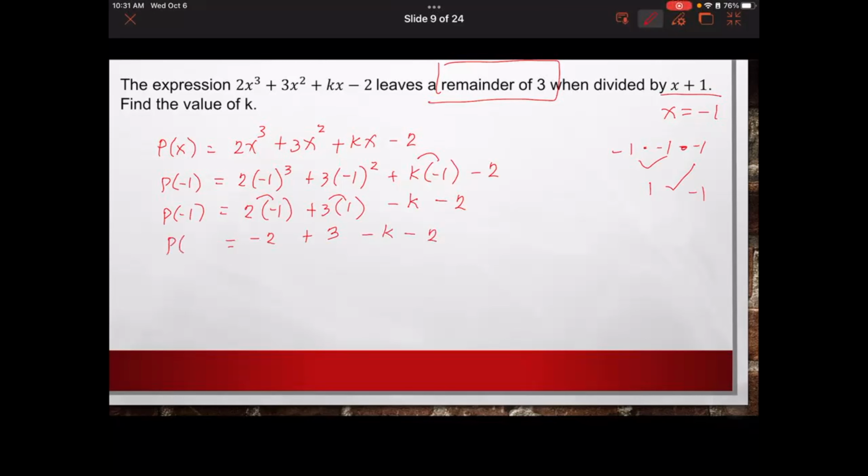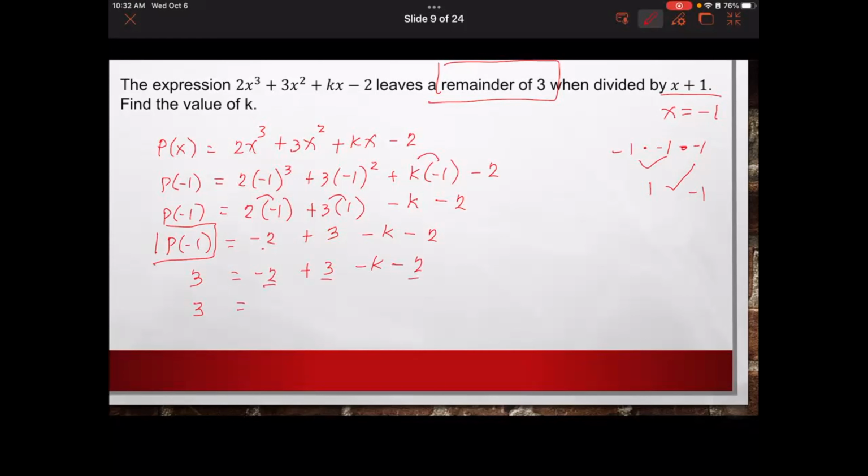Now, si P of negative 1, papalitan natin siya ng 3. So, 3 is equal to negative 2 plus 3 minus k minus 2. Simplify natin yung negative 2, 3, and negative 2.